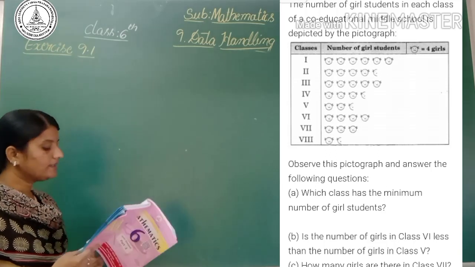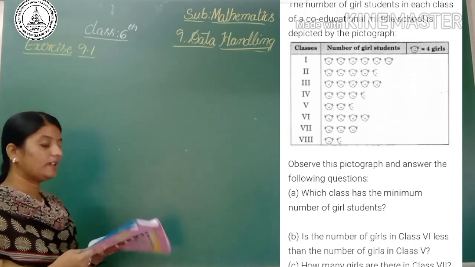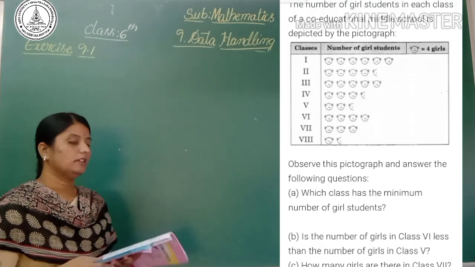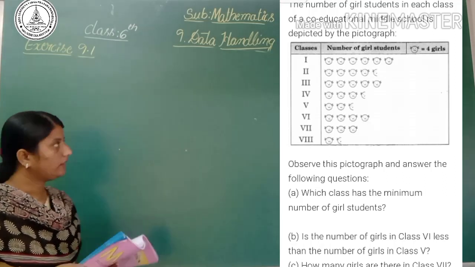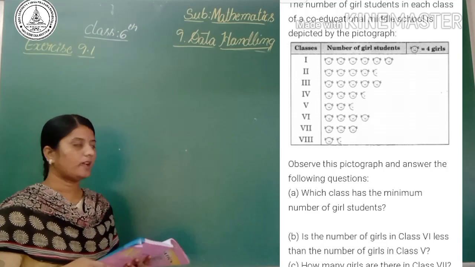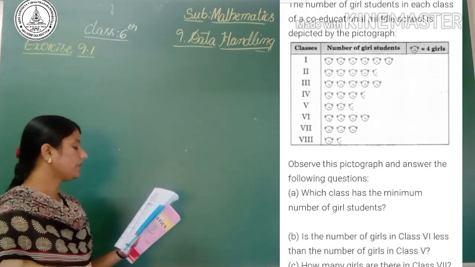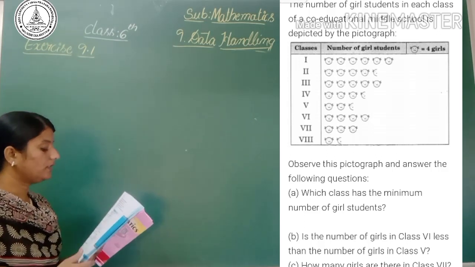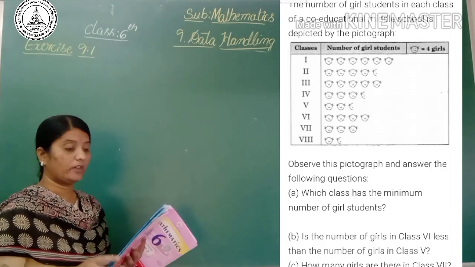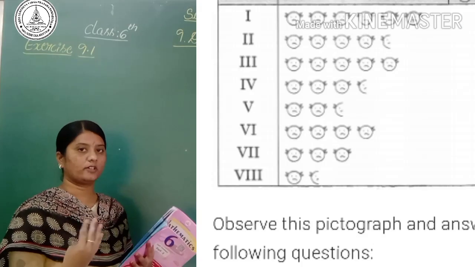Before answering these questions, first we have to interpret the pictograph. So first read the pictograph and answer the following questions. Here they are given that one picture represents 4 girls.